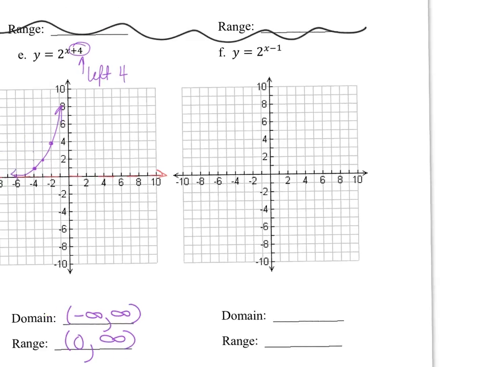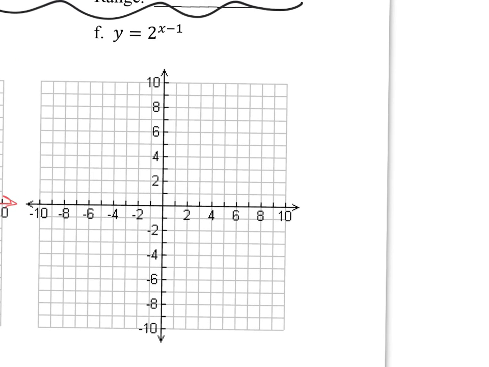Let's try one more where it's just focusing on h. Now I don't see a k, so k equals 0. That means my horizontal asymptote is at 0. So let's go and draw that. Then, how am I shifting? I'm shifting to the right 1 because it's the opposite. So at right 1, I start 1 above, go up 1, over 1. There's my other dot.